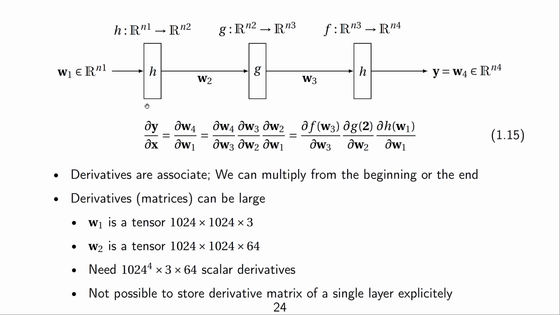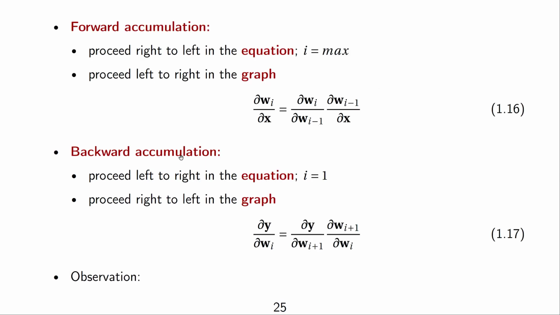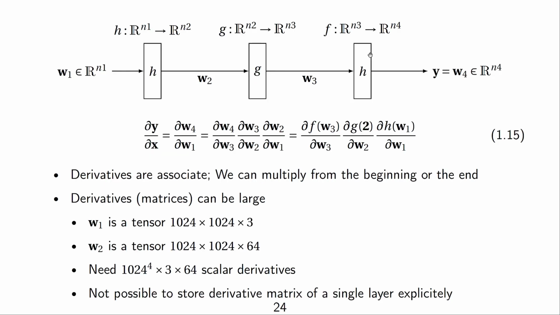So forward accumulation, we start at the input and we go in the direction of the output. In backward accumulation, we proceed right to left in the graph. We start at the output and work our way back to the input. So we would start here, and the first derivative to consider would be the derivative here, that is dy dw3.